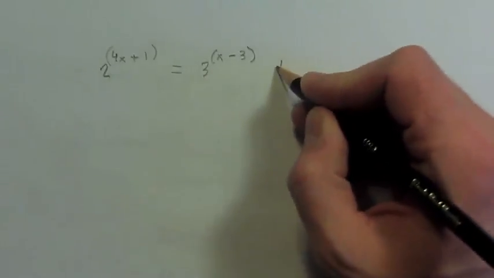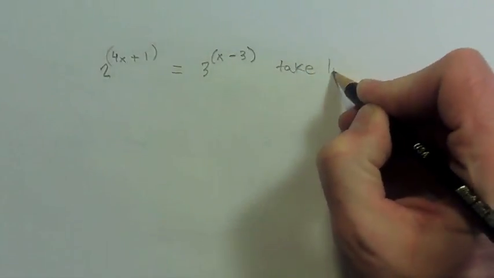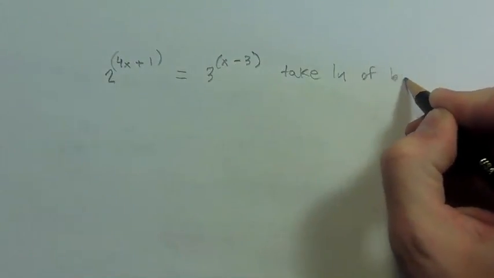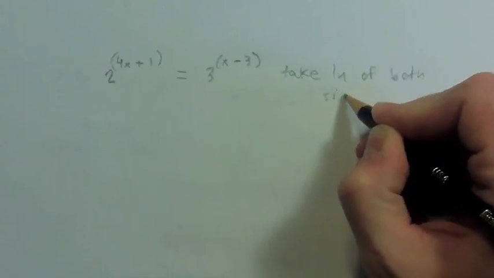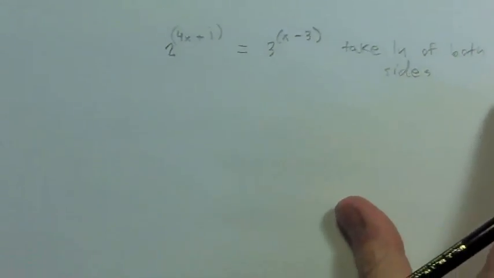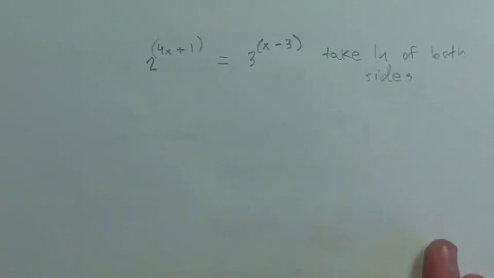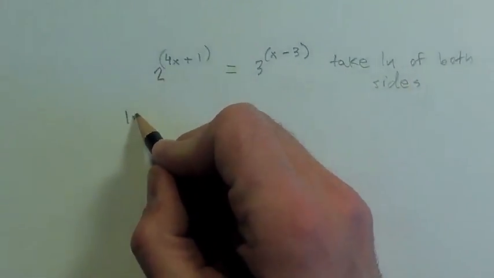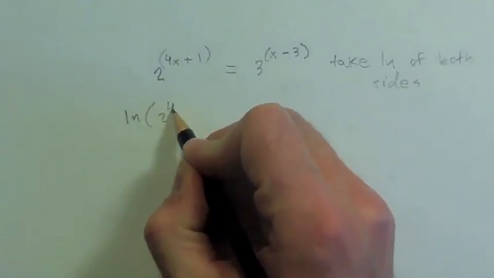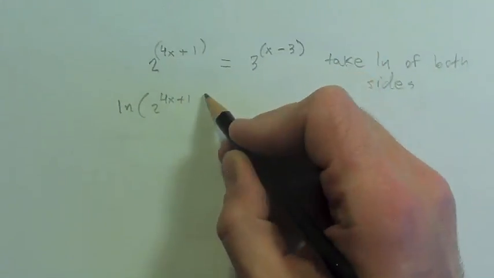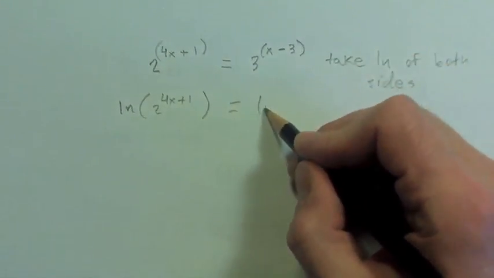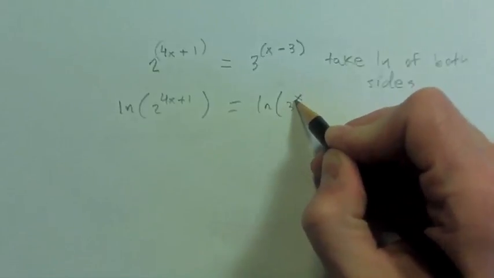So we'll just take ln on both sides and see what we get. And so I'll get ln of 2 to the 4x plus 1 is equal to ln of 3 to the x minus 3.